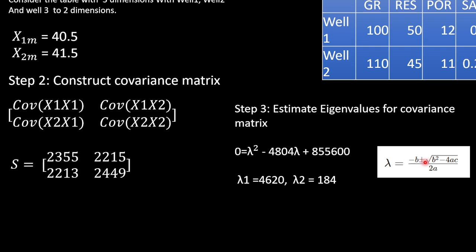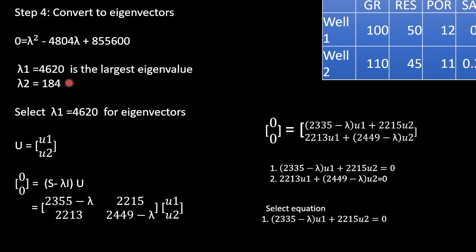If you put that value over here, you will be getting one value with the plus, another value with the minus. Out of these two values, you are supposed to select the highest one. So lambda 1, which is having the highest value, 4620, that will be considered as your eigenvalue.